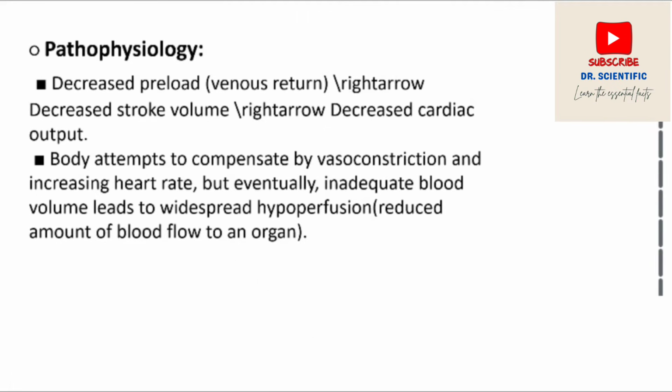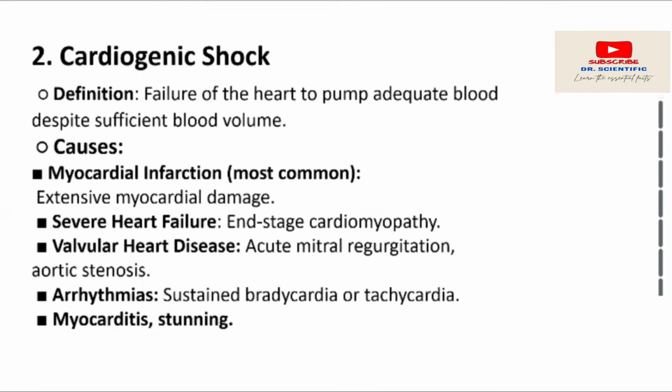The pathophysiology of hypovolemic shock is simply that there's decreased preload and decreased stroke volume or decreased output, whereby the body attempts to compensate by vasoconstricting and increasing the heart rate, but inadequate blood volume will lead to widespread hypoperfusion, which is the reduced flow to an organ and might lead to organ dysfunction or organ failure.